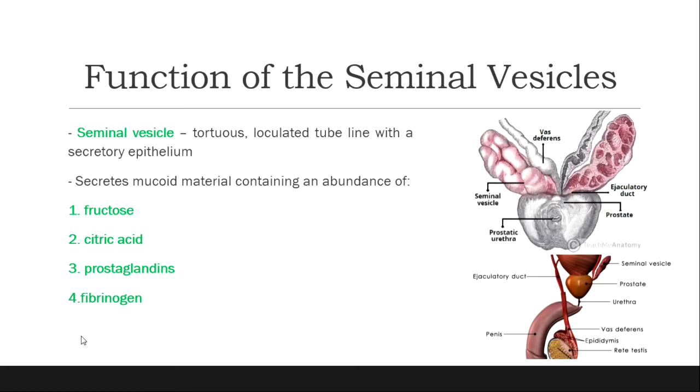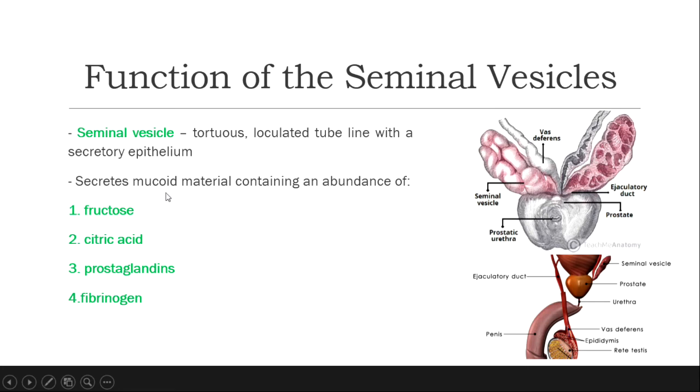Okay? Then, let's move on to the seminal vesicles. So, itong mga seminal vesicles na to, ito yung mga nagpo-produce ng mga different secretions na magko-compose ng semen natin. Okay? So, the seminal vesicle is a tortuous, loculated tube lined with the secretory epithelium.